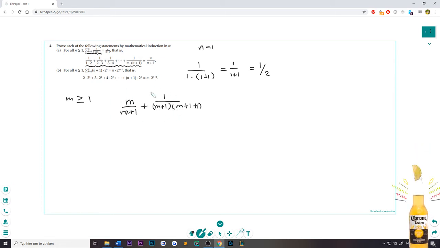And so once you've done this, well, now you're just going to write this out, right? So, well, what we can do is we can multiply both of these by m plus 1 plus 1. So you get m times m plus 1 plus 1. And then because both terms are the same, we can add this one to the left side, right? So then what we get is this.